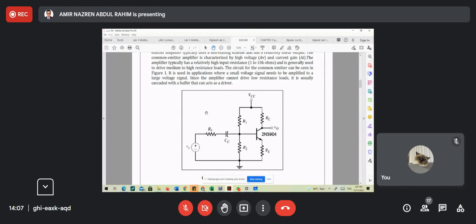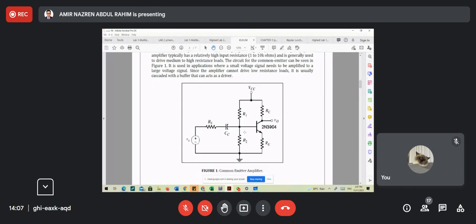All right, by referring to figure 1 here, you will realize we have two types of signal. One is VCC, a direct current source, and we have VS, the voltage signal, which is an analog source.